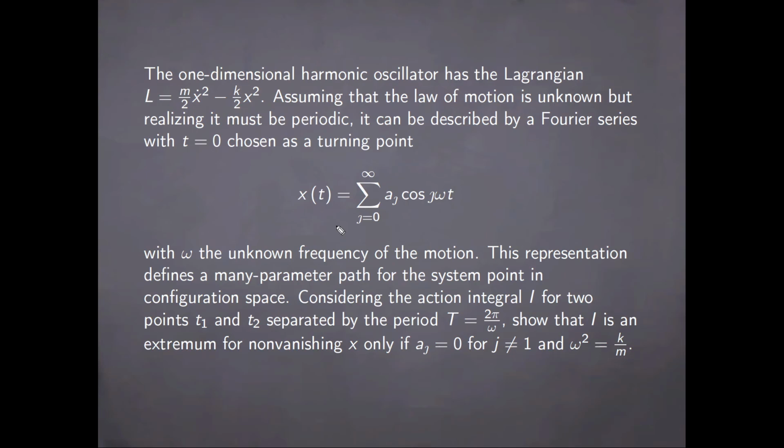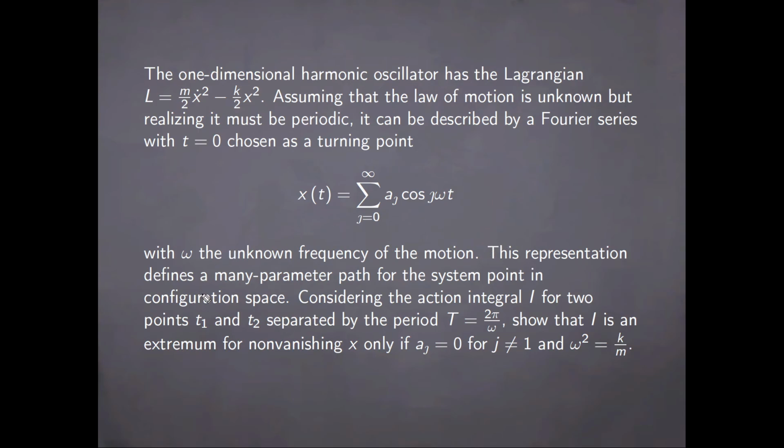So the general expression is the one here. It's a Fourier series in the parameter j omega, and involving j omega, and the amplitudes aj for each of the periodic functions.